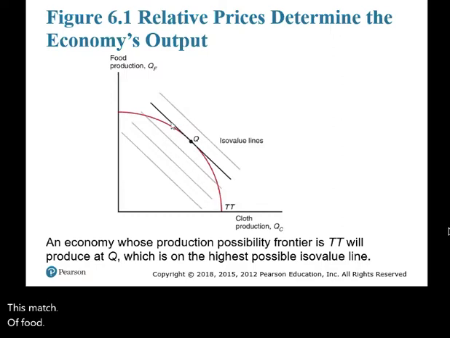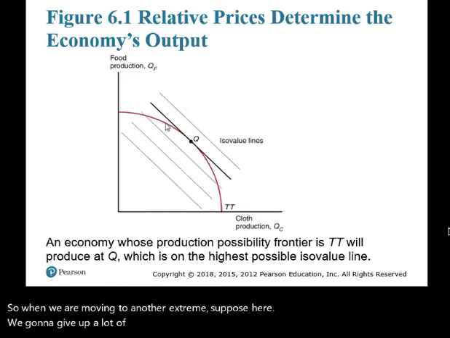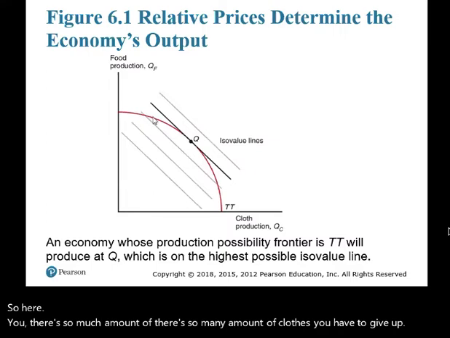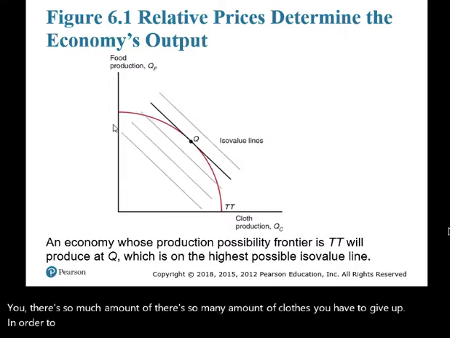When we move to the other extreme, suppose here, we have to give up a lot of clothes, like from here to here. You see how much clothes you have to give up in order to gain a little bit of food production.